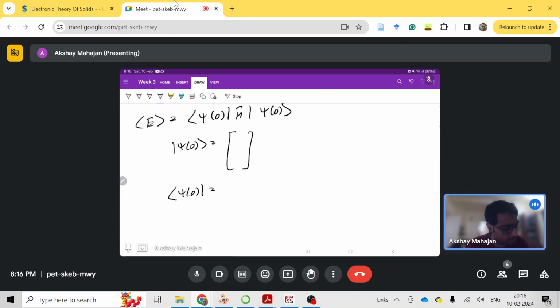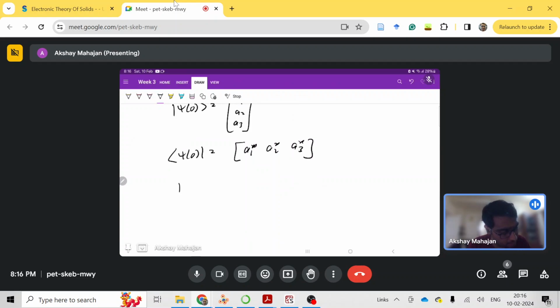as I just briefly discussed. Let's say there is some a1, a2, a3 that is given to you. So your bra of psi 0 will be just a1 star, a2 star, and a3 star as a row vector. And let's say you have H in some basis in matrix form.